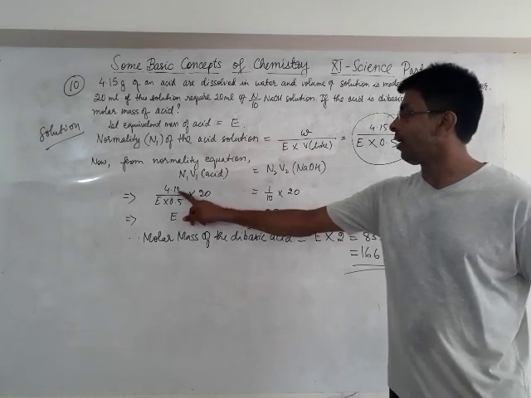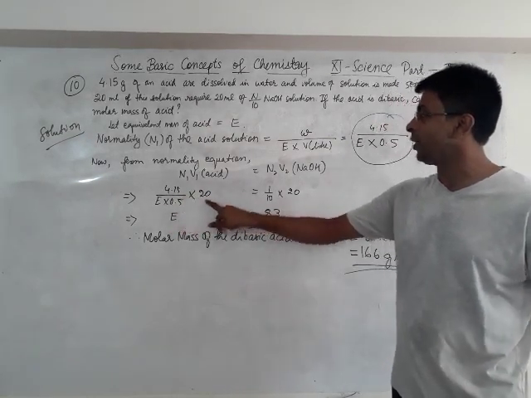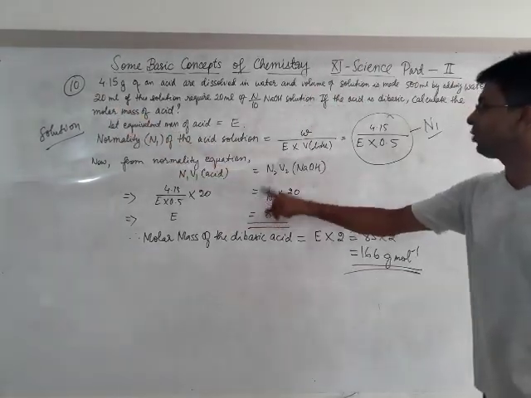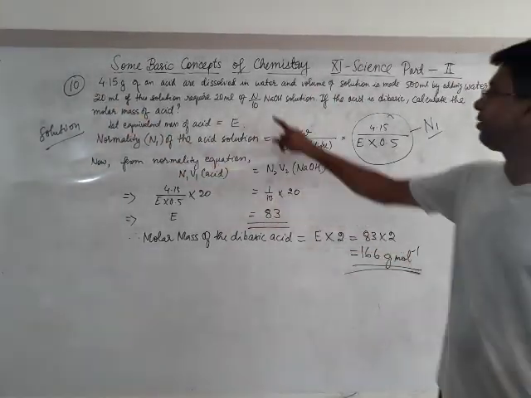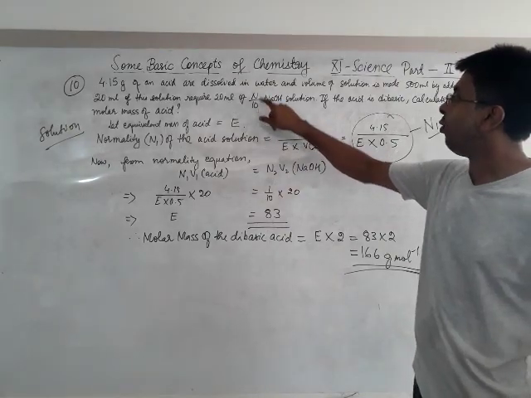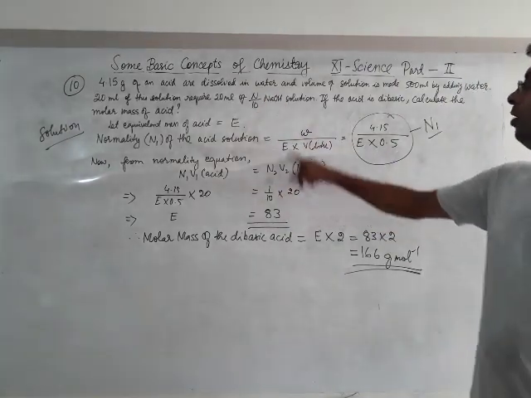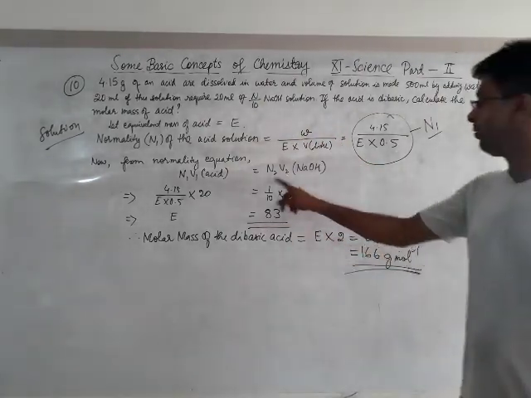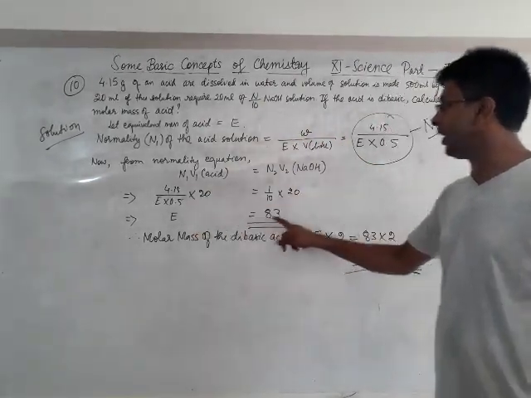N1 is 4.15 divided by E into 0.5 into 20. Volume 1 of the acid is 20 ml. That is equal to N2 of sodium hydroxide. N2 of sodium hydroxide is N by 10, that is 1 by 10. So 1 by 10 into volume of the sodium hydroxide is 20 ml, so multiplied by 20. So upon simplification, E is equal to 83.